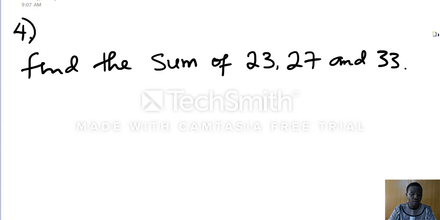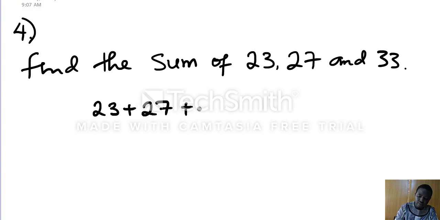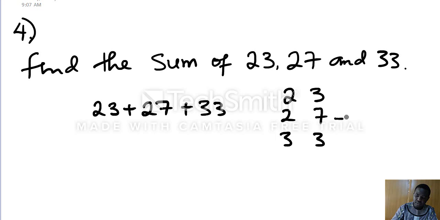Okay. Question 4 says you should find the sum of 23, 27, and 33. So that means 23 plus 27 plus 33. Arranging them in tens and units, we have 23 plus 27 plus 33.